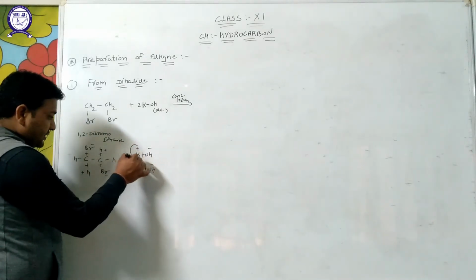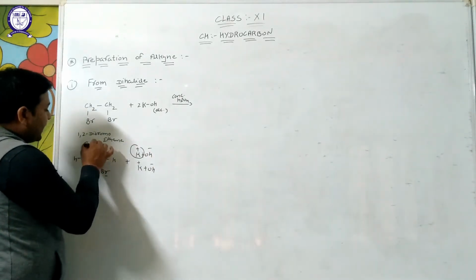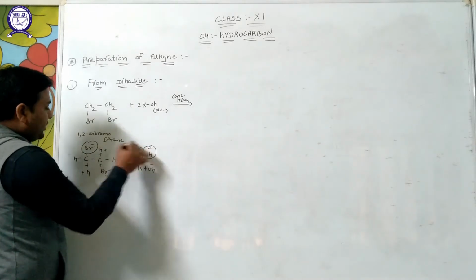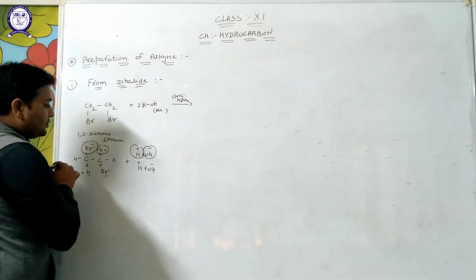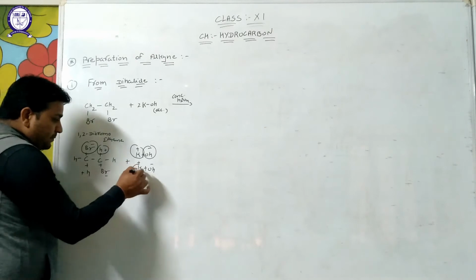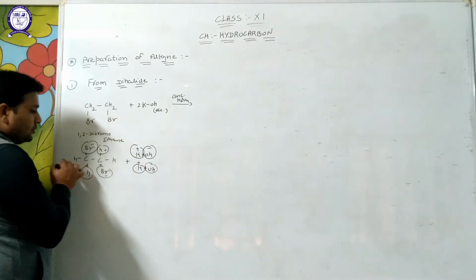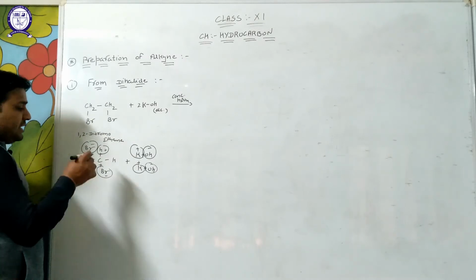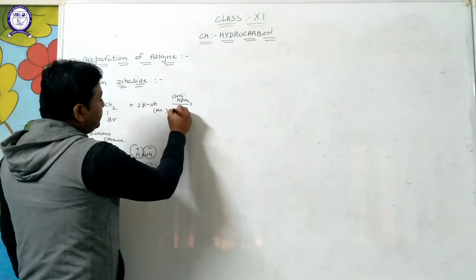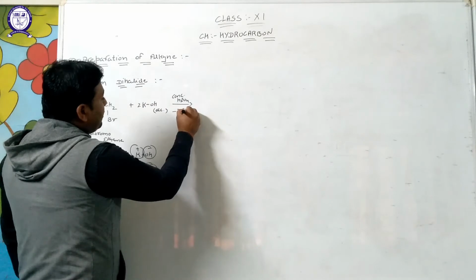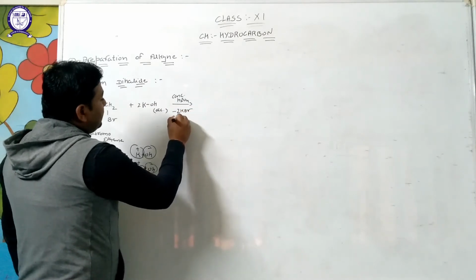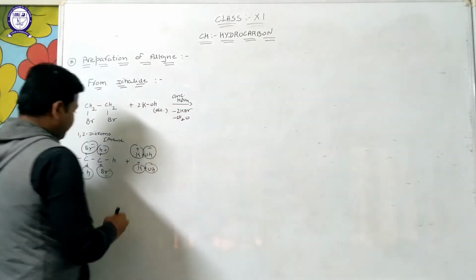This K positive combines with Br negative, and this OH negative combines with H positive, and it releases 2 moles of KBr and 2 moles of H2O.